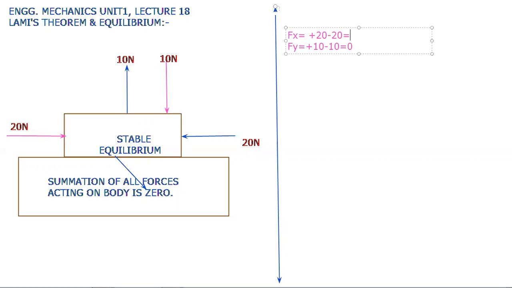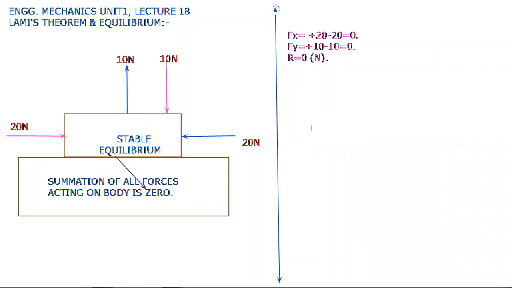Okay, so their summation will be equal to 0 in both cases, and therefore R will also be equal to 0 Newton. So this means that their resultant is also 0. And if the resultant is 0, then this body is in equilibrium.